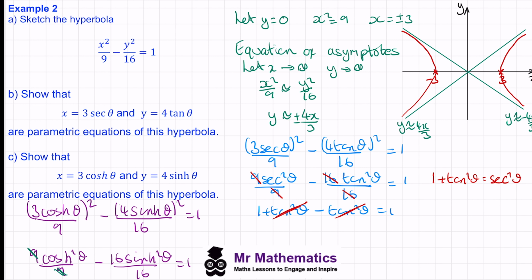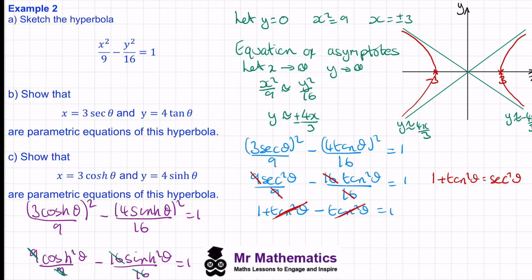Again, these 9s and 16s will cancel, and this hyperbolic Pythagorean identity, cos squared minus sine squared, does indeed equal 1. Okay, so I hope that's giving you an idea that we can represent a hyperbola conic section as a Cartesian equation, parametric using sec and tan, and parametric using cos and sine.